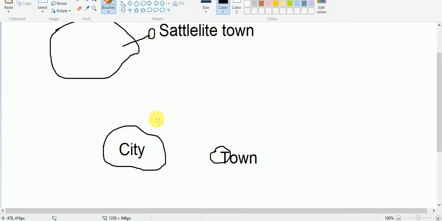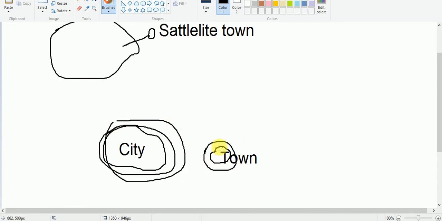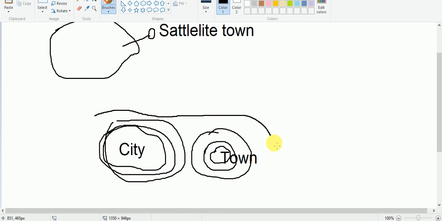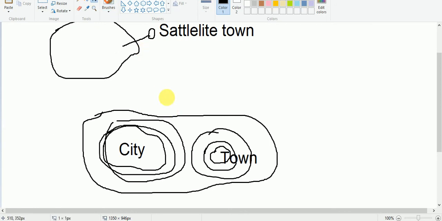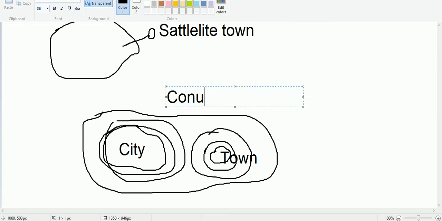In due course of time, this city will grow, then this town also will grow, and this process will continue for a long time. In the long run, this city and town will be merged together, joined together, and this is what we call conurbation.